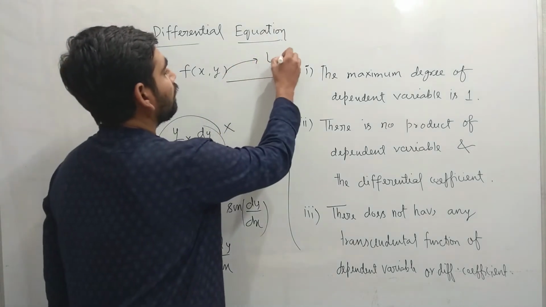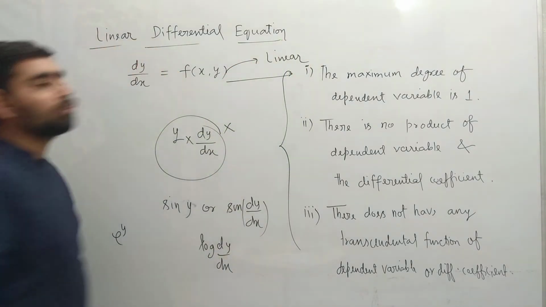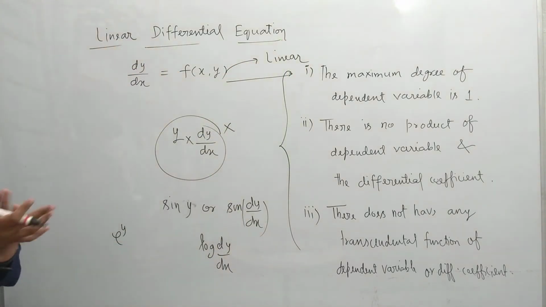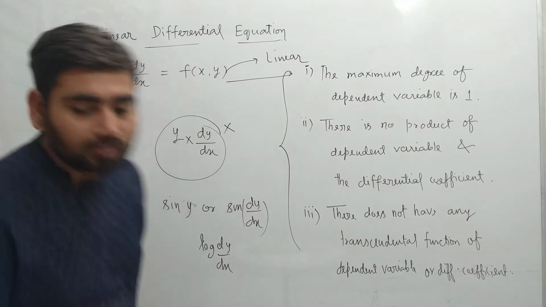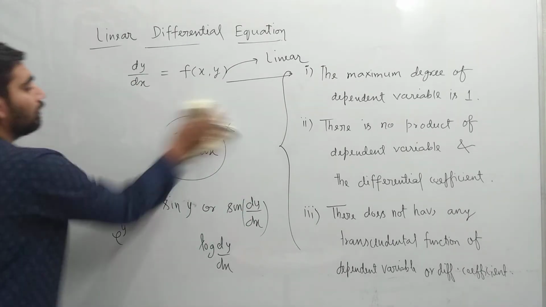Then it is said to be linear, and it can be put into the standard form. What is its standard form?